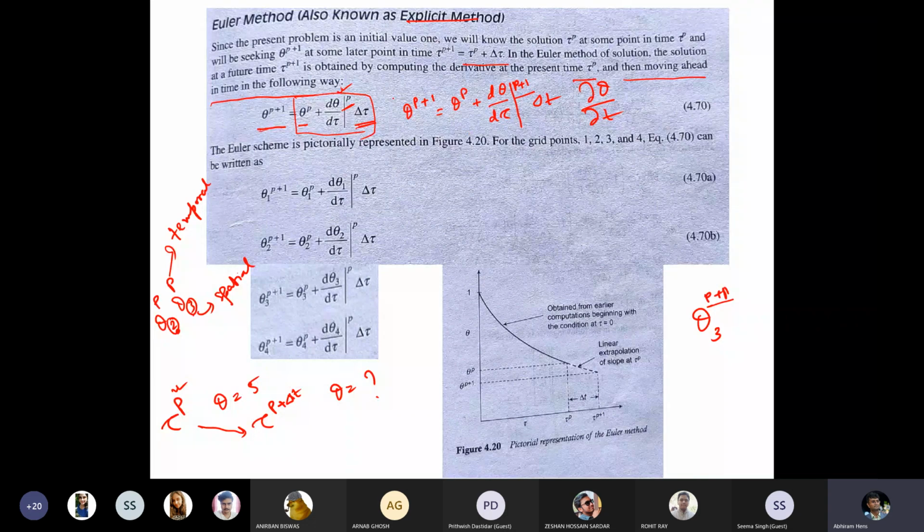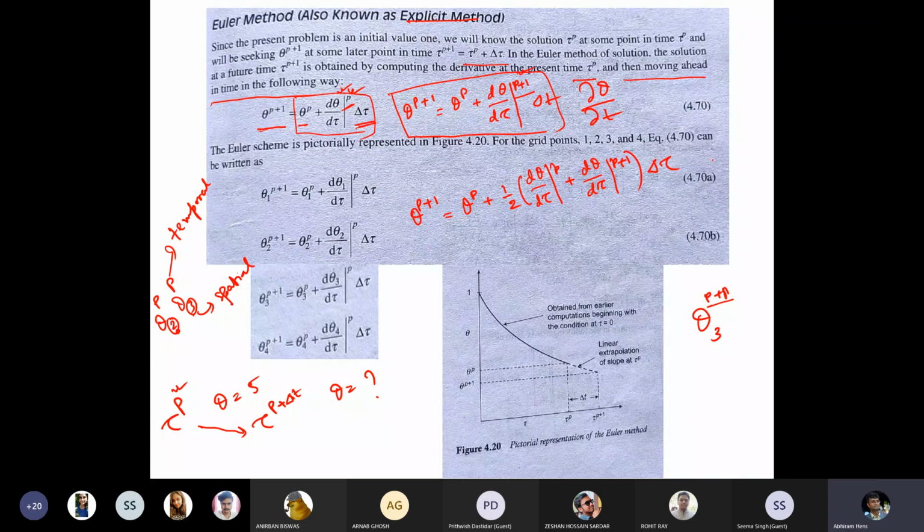Okay. So, this is another scheme, and there may be another case where you can ask the question, why should we take this derivative at the pth point or the p plus 1 point? I can take an average of p and p plus 1. So, in that case theta p plus 1 will be equal to theta p plus half of d theta d tau at p plus d theta d tau at p plus 1, into delta tau.